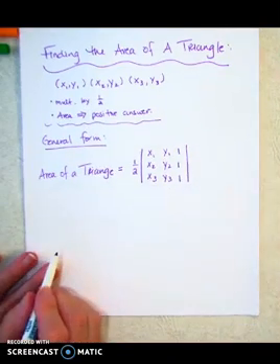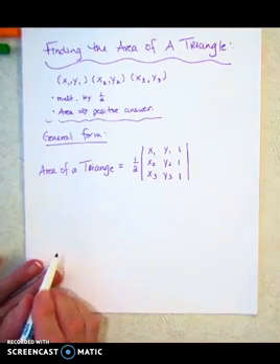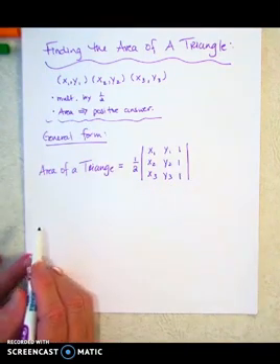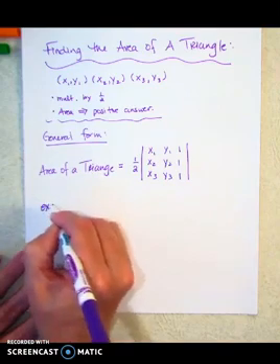And that's going to give me, not my determinant, I'll find the determinant, but it's going to give me the area of my triangle. So let's look at an example.